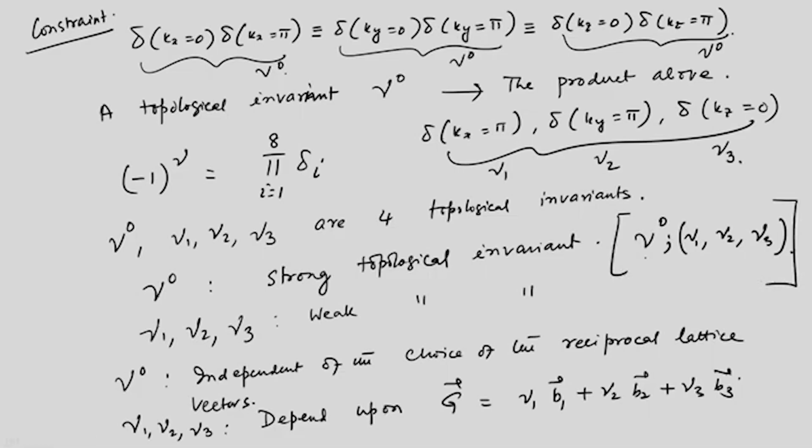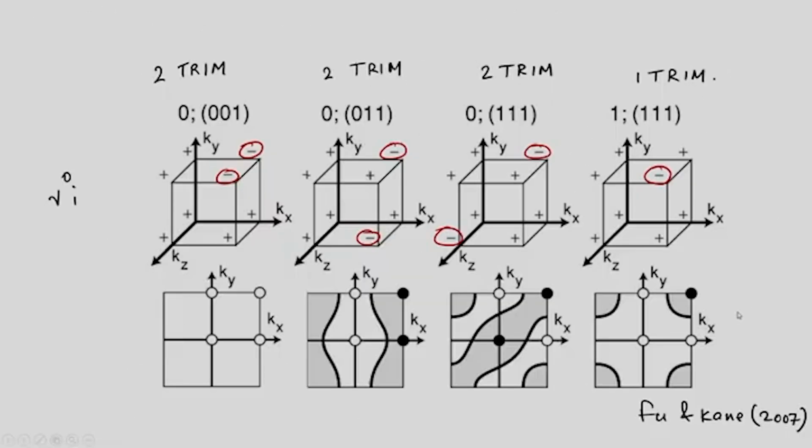So, nu 0 is a strong invariant, and these are the weak TI invariants. In this nomenclature, this 0 corresponds to the nu 0, and inside the bracket, 0 0 1 are the set of nu 1, nu 2 and nu 3. So, these are the weak topological invariants and so on.